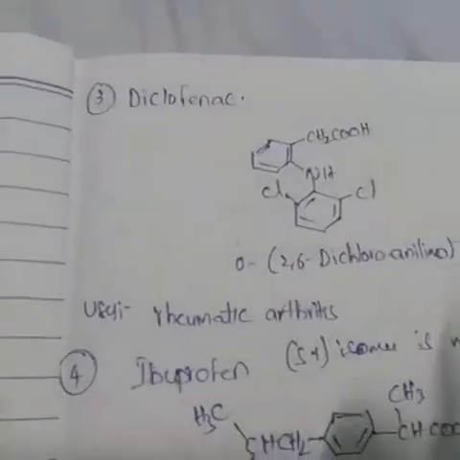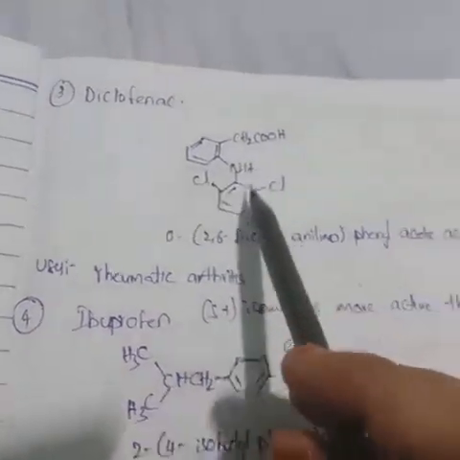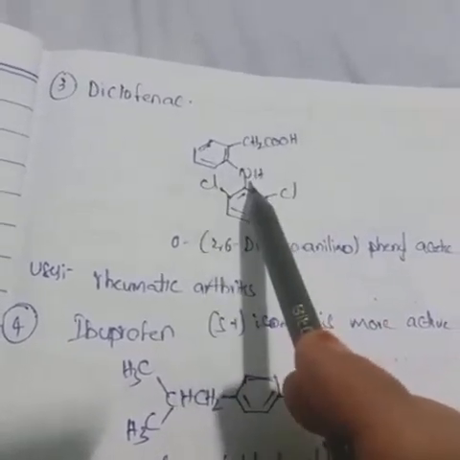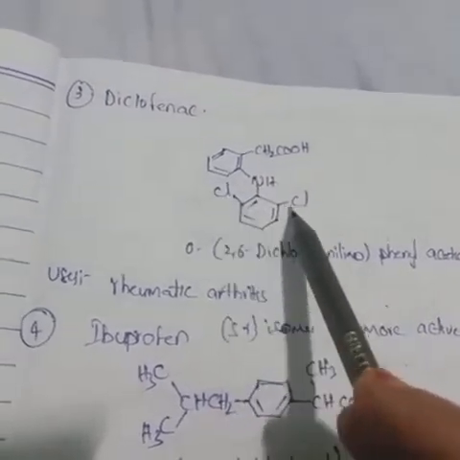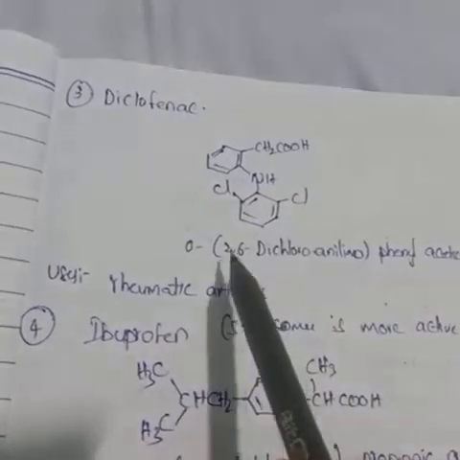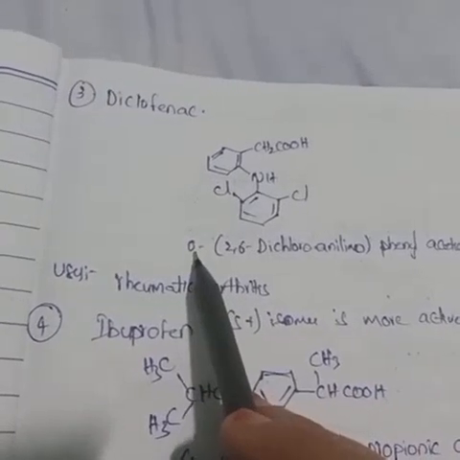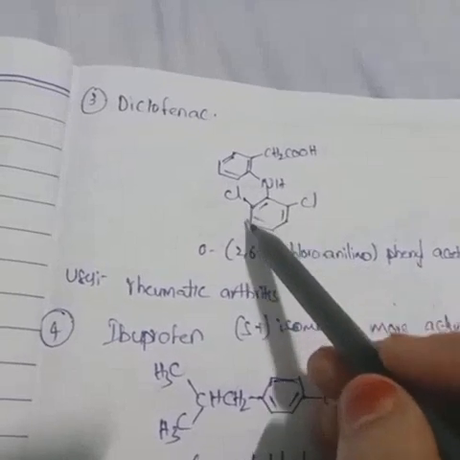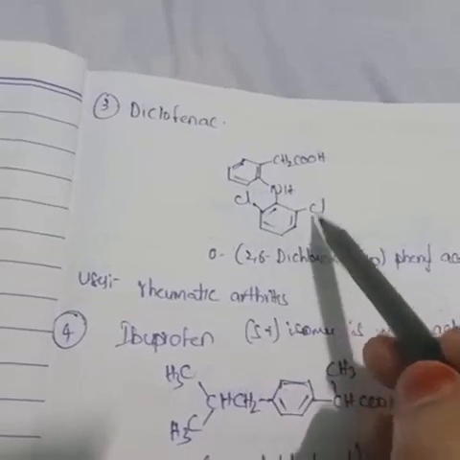And now we are going to see Diclofenac. This is the structure of Diclofenac. Once you see the IUPAC name, it is very simple. Acetic acid group is there, a benzene is there. See here, an amine group is there, which is attached, and at the two ortho positions chlorine groups are there. Once you try to frame the IUPAC name, the two ortho positions, 2 and 6, while it is 1, 2, 3, 4, 5, 6, right? 2 and 6 positions dichloroaniline.